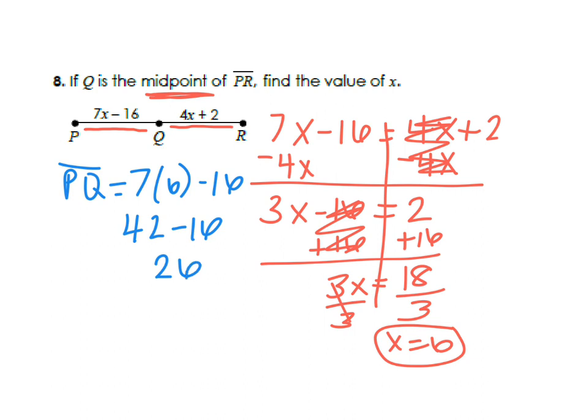If PQ is 26, then QR is also 26 because they are equal or congruent. Okay, so last week we added the segments up to give us the entire big segment. This week, if they tell us the midpoint or segment bisector, then I know it cuts the segment into two congruent pieces. I can set the pieces equal and solve.